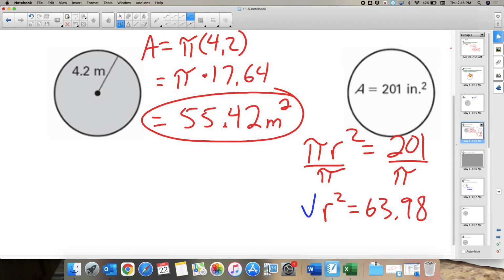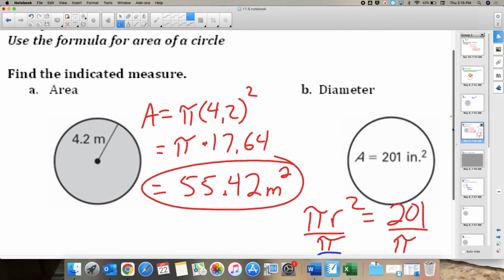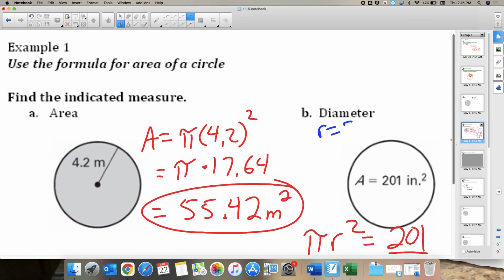And then we need the square root of each side, which gives us 8. Now, that's our radius. If you look back at the directions, they want our diameter. So if the radius is 8, the diameter will be 16. And in this case, our unit will be in inches.